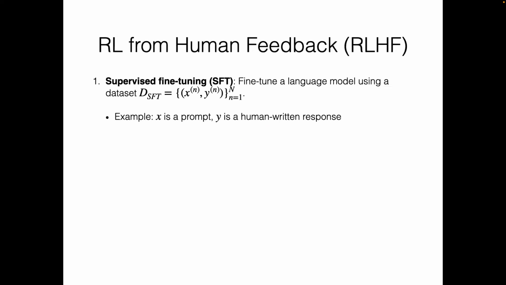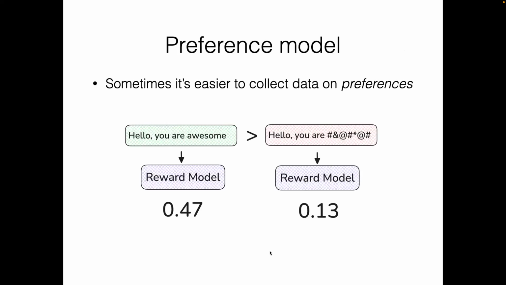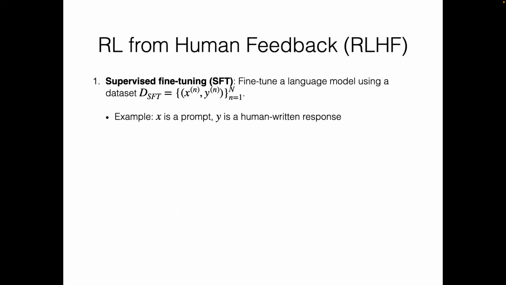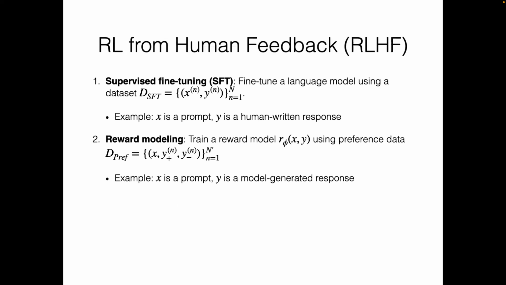The pipeline is called reinforcement learning from human feedback. The idea is that the human feedback is going to come from these preferences, and then we're going to optimize this reward model. First, we're going to fine-tune the model, say on some data set of prompts and responses.